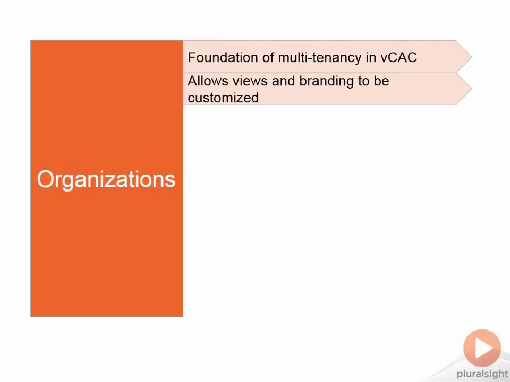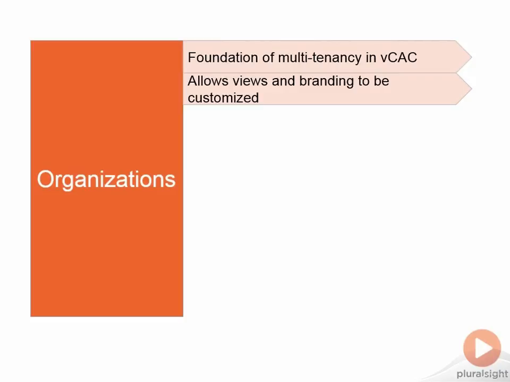Next, organizations allow views of the self-service catalog and branding to be customized. For instance, maybe I log into the self-service portal as a developer and I get a logo up top that says Acme Company Development. And then maybe I log in as a different business unit or an external customer, and it says Acme Consulting with my logo on the top.